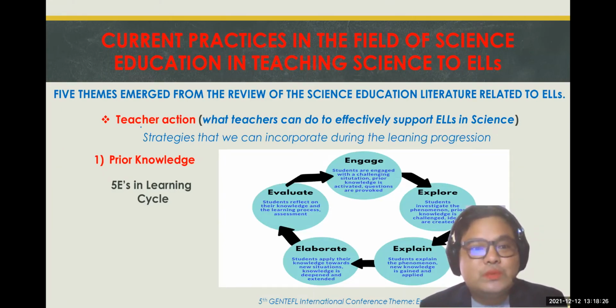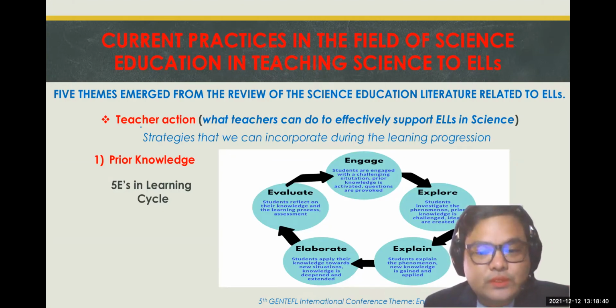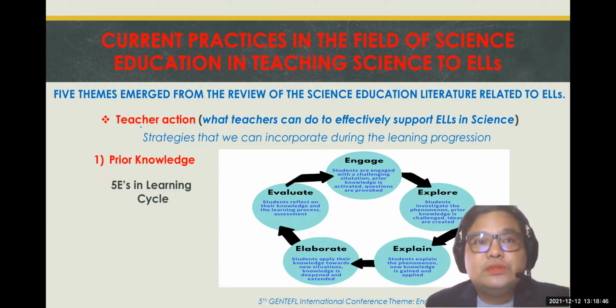The first is we engage the students. We give them a specific concept from their daily life, and we can give them challenging questions that we know they use in everyday life.